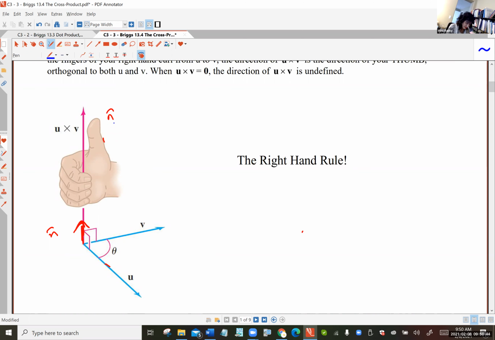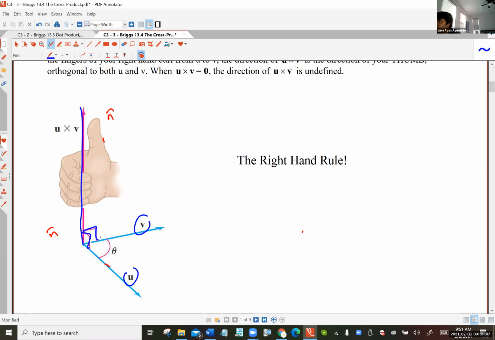Okay. So here's a picture. If you get this picture, you'll be good. Look at U and V down here. And then the cross product is that kind of pink, purpley, fuchsia vector. Do you notice that that vector here is making a 90-degree angle with both of the originals? Please say yes. Yes.